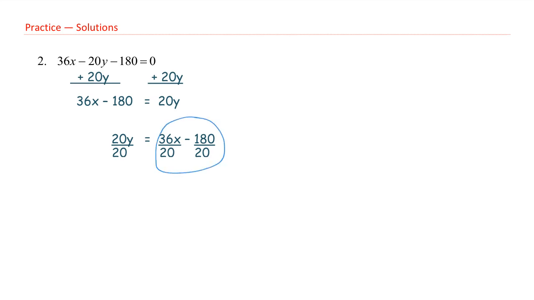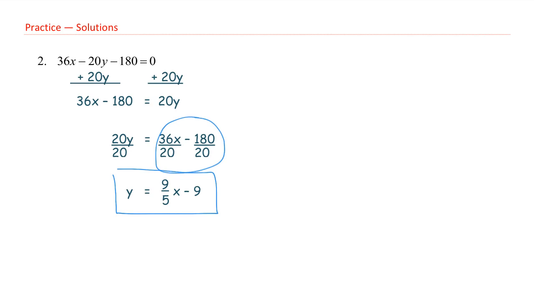I wrote it separately. 36x over 20 minus 180 over 20. It gives me two terms, and it's a little bit quicker than writing one big fraction and then rewriting it as two smaller fractions. When I simplify, my final answer is y equals 9/5 x minus 9.